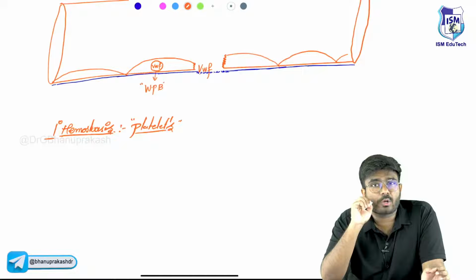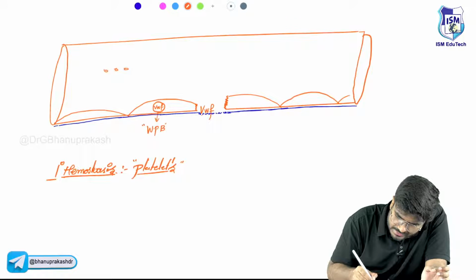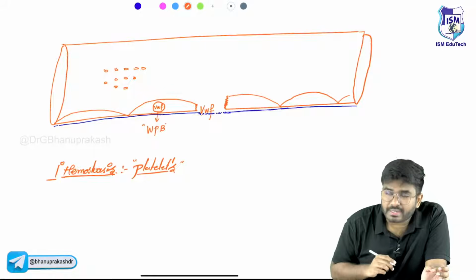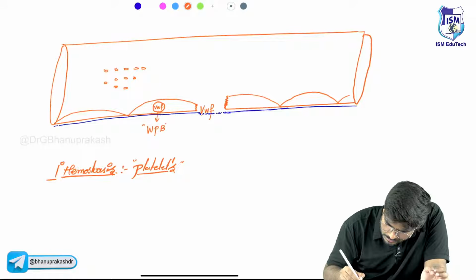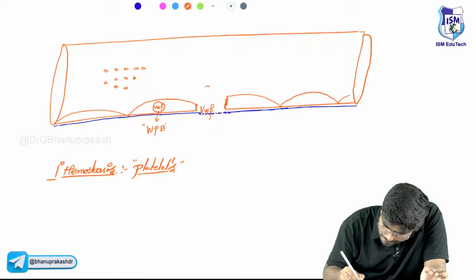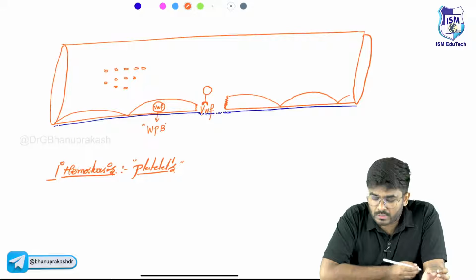So, these platelets in the bloodstream are going to come and bind with the Von Willebrand factor. How? Let me tell you.